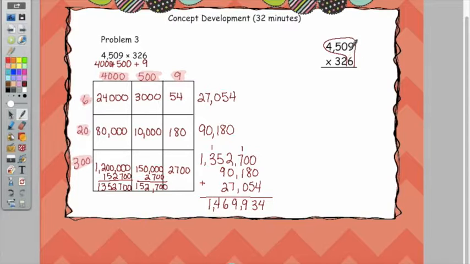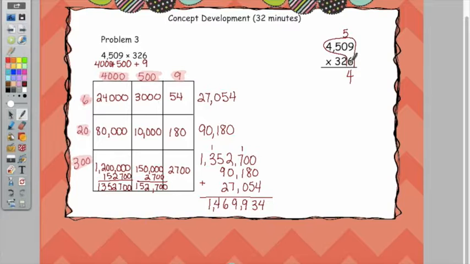So when I do 9 times 6, what's the answer? So write the 5 above the 0 and let's see what happens. Because eventually this will be a little shortcut for you. Okay, move over to the standard algorithm now. Okay, because I don't want you to miss what I'm going to say. So eyes up here. When I multiply 6 times 0, I'm going to end up with 0.